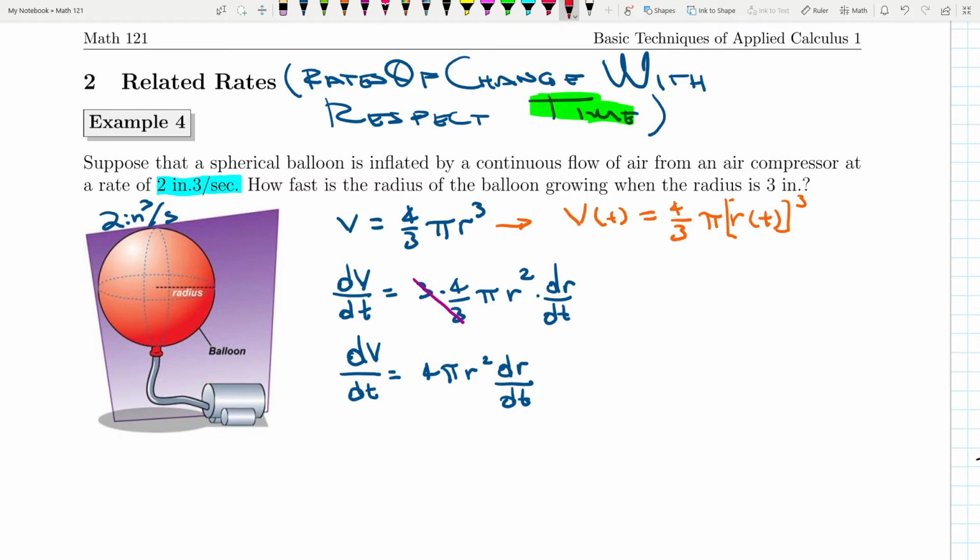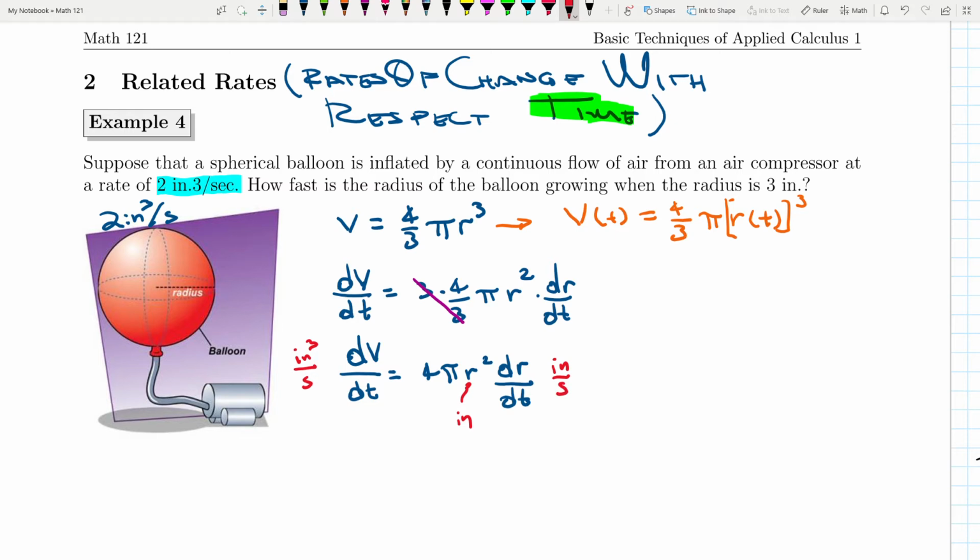At this point, what you might want to do is put units to every single derivative here. That is dV/dt, inches cubed over second. Radius is inches and dr/dt is inches per second.